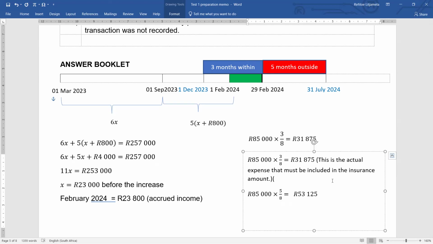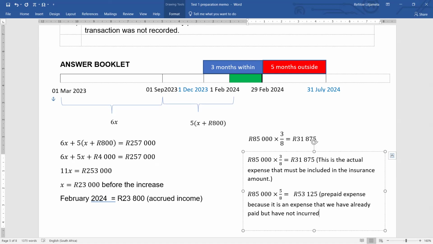So basically, we have paid for it. It represents a prepaid expense because it is an expense that we have already paid but have not incurred.